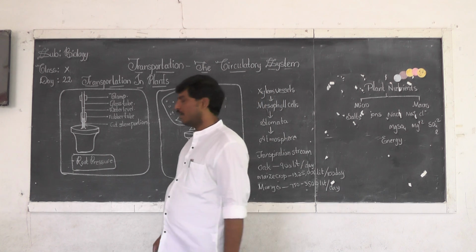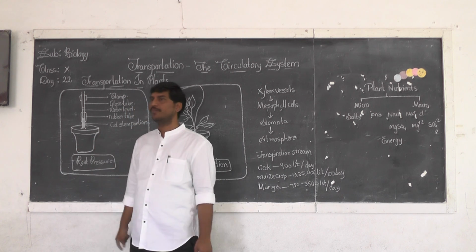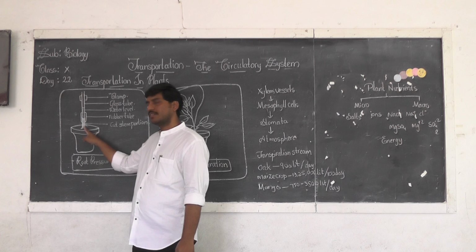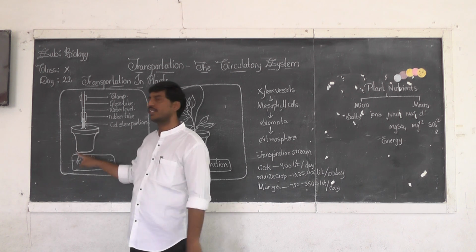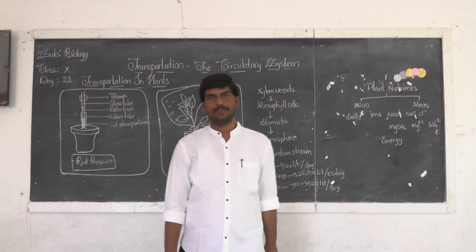For this, we need to take a healthy potted plant. We need to cut the plant such that at least 1 to 2 centimeters of the stem portion is still available.